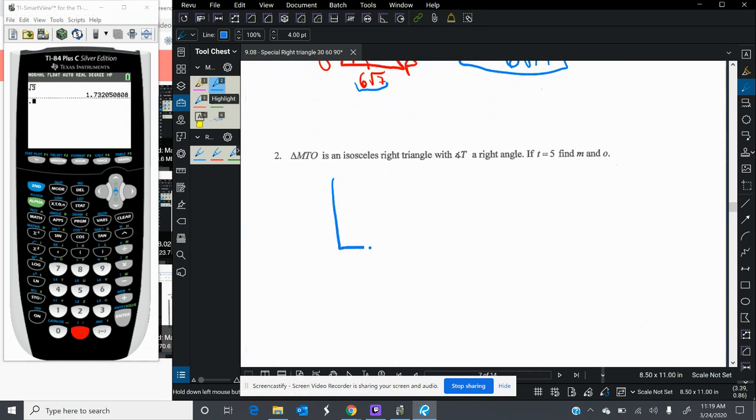Okay, in exercise 2, triangle MTO is an isosceles right triangle with angle T as the right angle. So again, M and O is our hypotenuse here. If little t is 5, that's our hypotenuse across from our right angle, and we need to find each of the two sides.